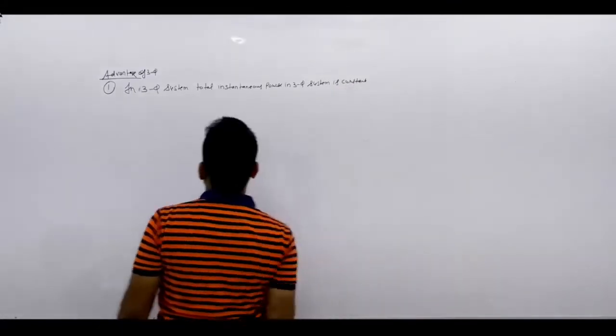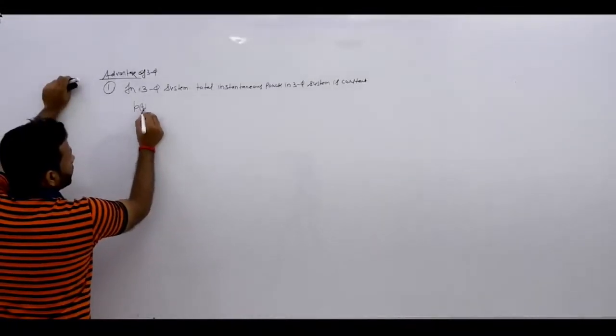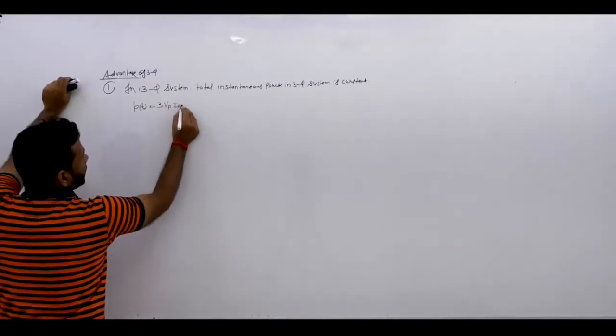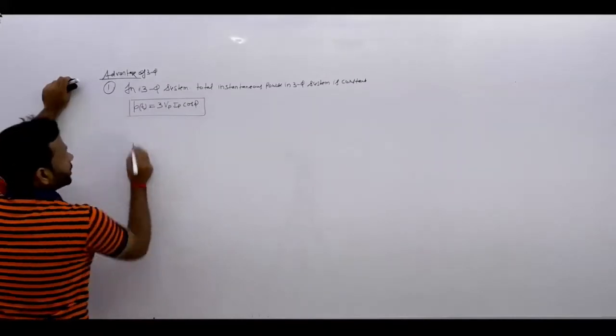What does that mean? Let's see. PT is 3 Vp Ip cos phi. This is the three-phase power, and it is constant.